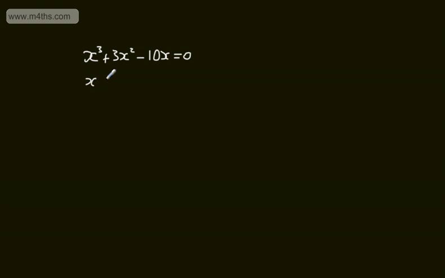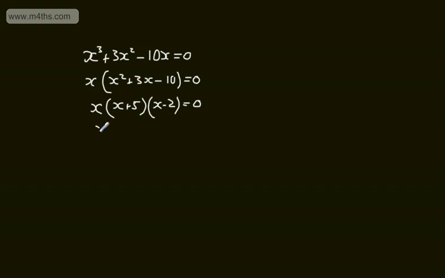We've got x squared plus 3x minus 10 is equal to 0. We've got a linear multiplied by a quadratic. The quadratic will factor again. We'll have x plus 5 and then x minus 2. So we can see our solutions. We could have x is equal to minus 5, x is equal to 0, or x is equal to 2.